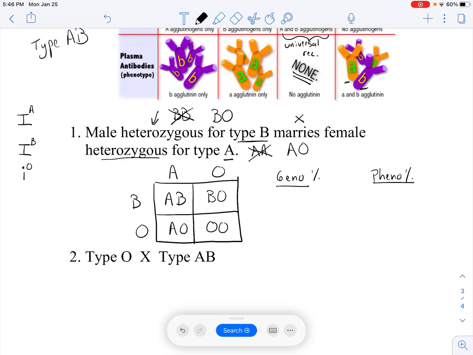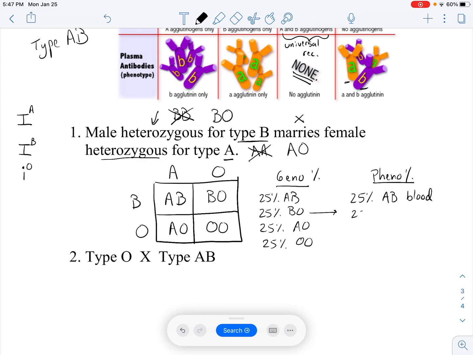And so we have 25% AB, 25% BO, 25% AO, and 25% OO. But for phenotype, we're a little bit more clear about what the blood type is going to be. So 25% AB blood.